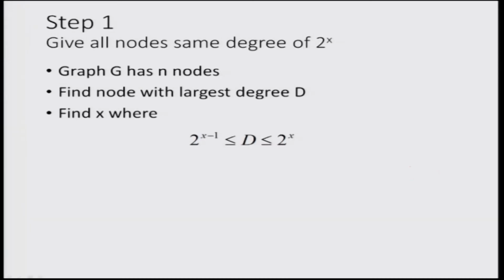So, in step 1 we can give all nodes the same degree of 2^x. The graph G has n nodes. We find the nodes with the largest degree d, and we find a value x where the node degree lies in between the two possibilities.